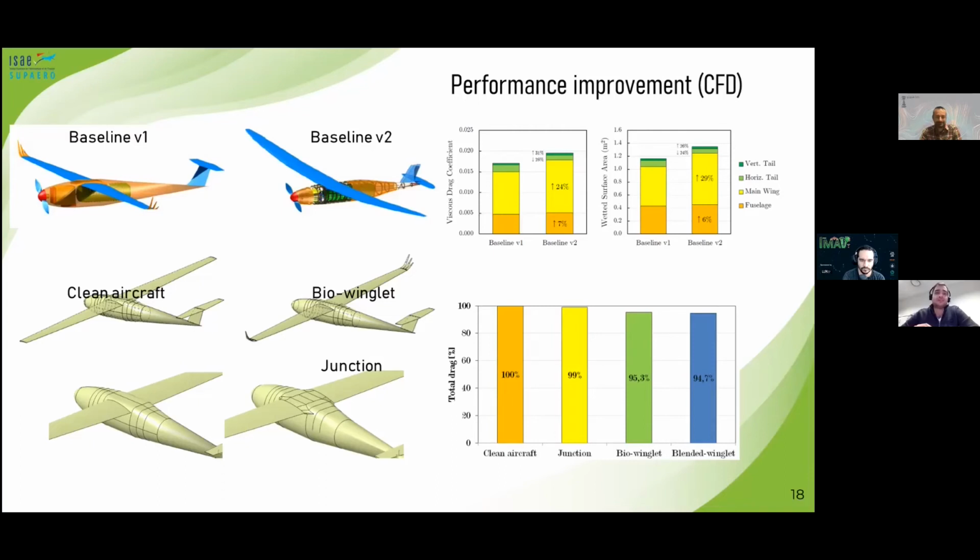What you can see is that with the junction, you're expecting, at least with the CFD, a very small contribution of around 1% in the total drag, while with the bio winglet, you can go up to 5%, or with the blended winglet even a bit more. 5% is typically something that you have on commercial aircraft as well, so we were quite okay with that result.